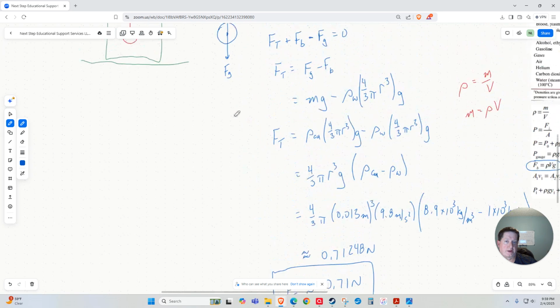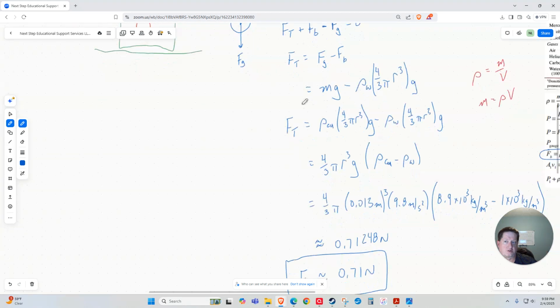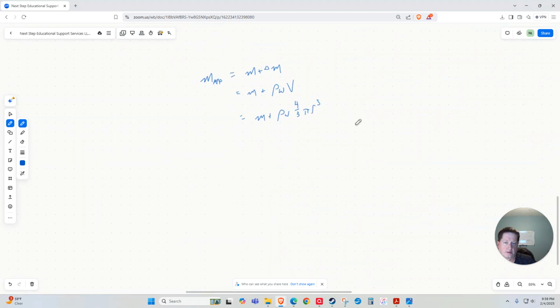So if we take our original mass of our beaker, 975 grams, and we add to it the apparent change in mass due to the density of the water displaced, that number should be getting familiar if you've been working with these problems for a while.